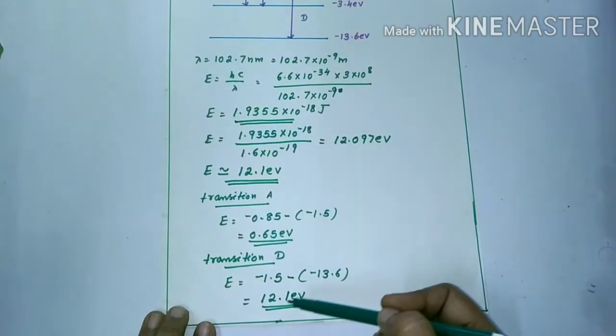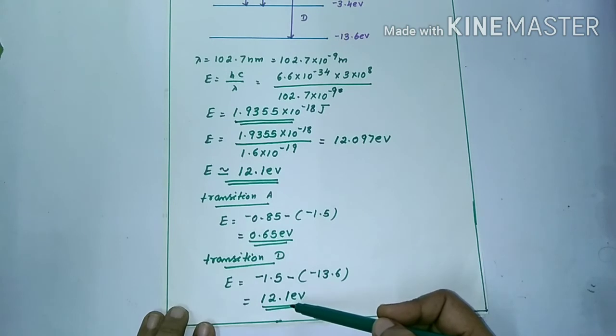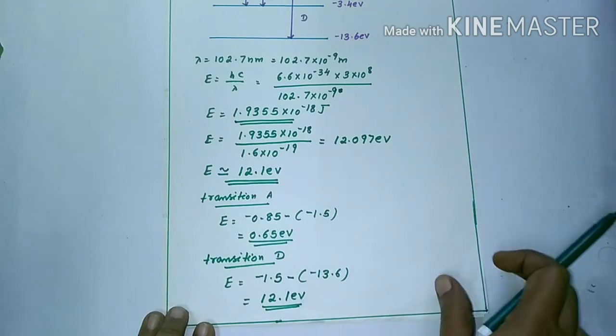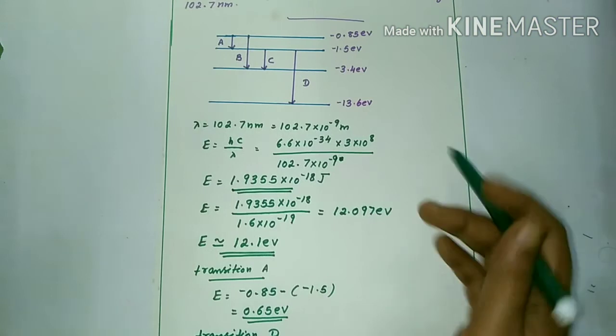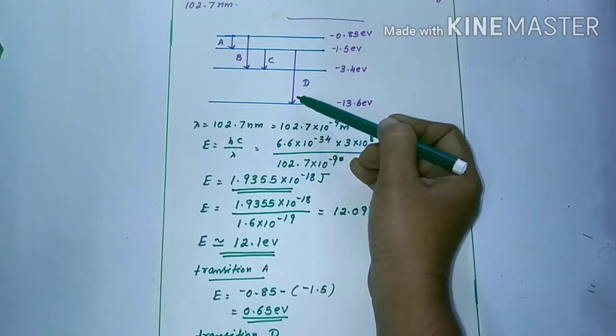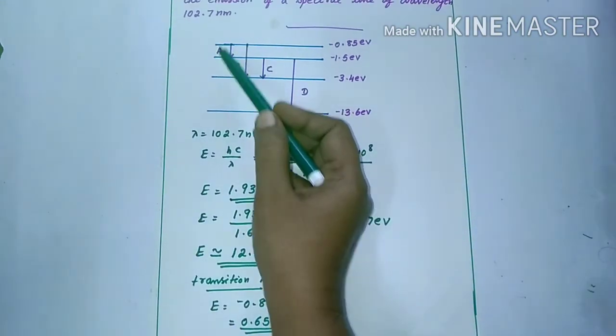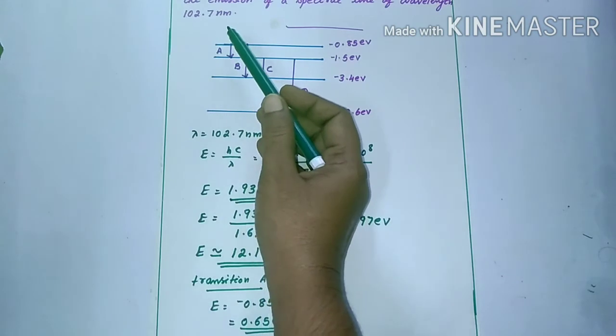So the energy for transition D is 12.1 electron volt, and we can conclude that transition D corresponds to the spectral line of wavelength 102.7 nanometer.